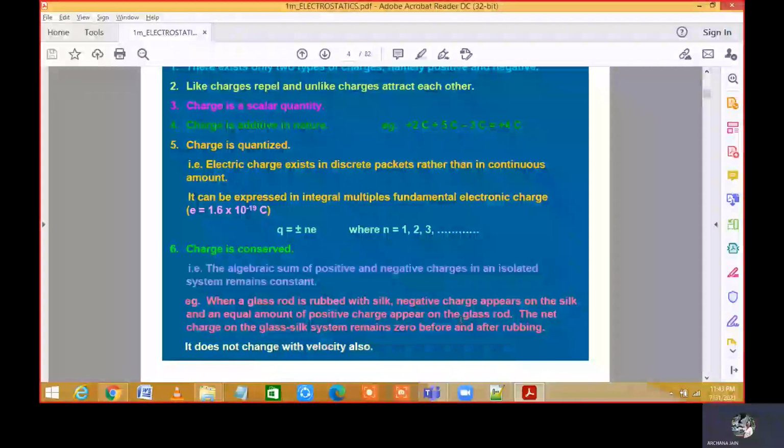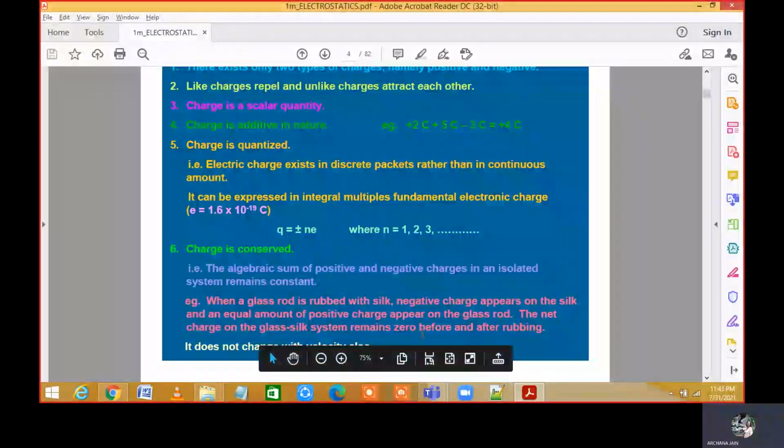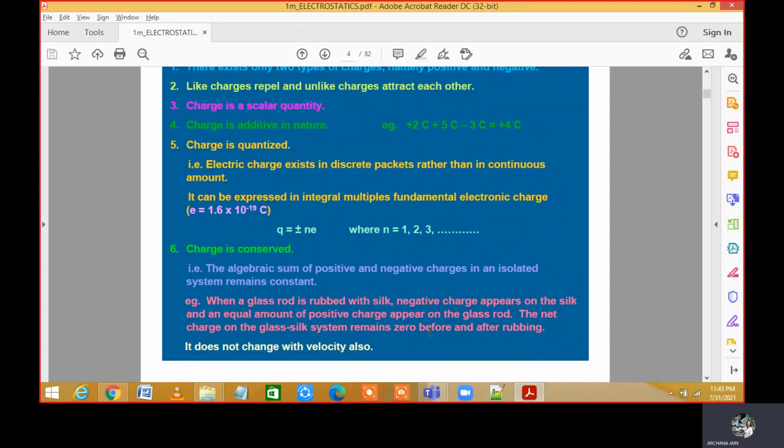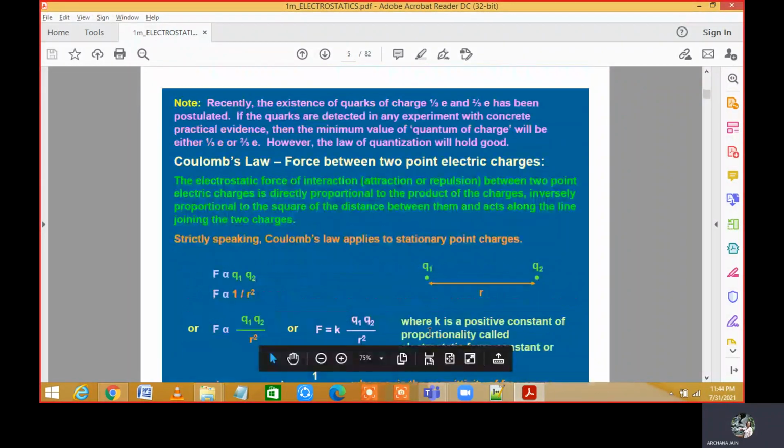The net charge on the glass-silk system remains 0 before and after, because before rubbing both are neutral. After rubbing, one becomes positively charged and the other negatively charged, and the quantity of positive charge is the same as the quantity of negative charge. That's why we say charge is conserved.